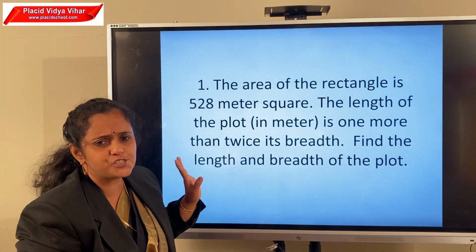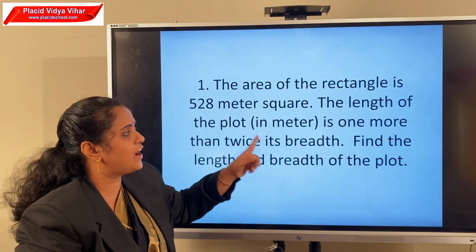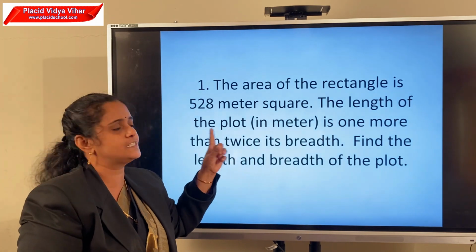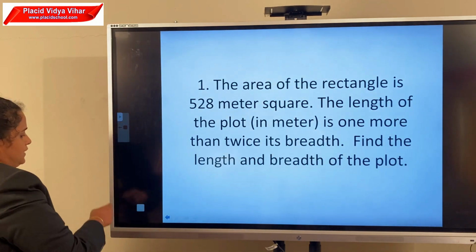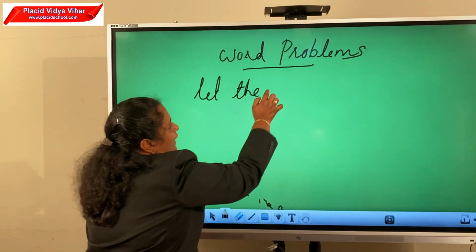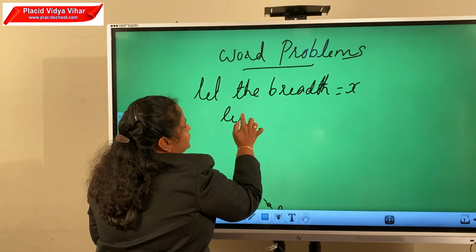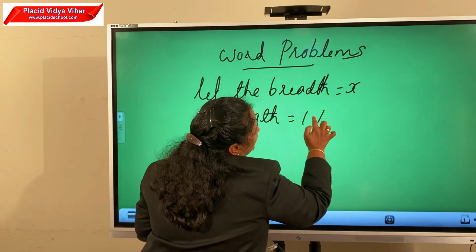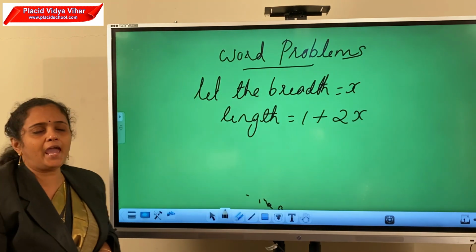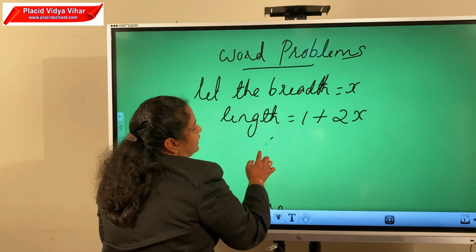And length is equal to what? The length is 1 more than twice its breadth. That means 1 plus 2x. Then we can solve this equation. Let the breadth be x. The length of the rectangle is 1 more than twice its breadth. The area of the rectangle is also given in the question.